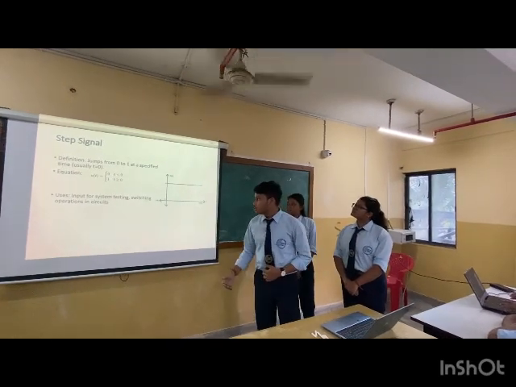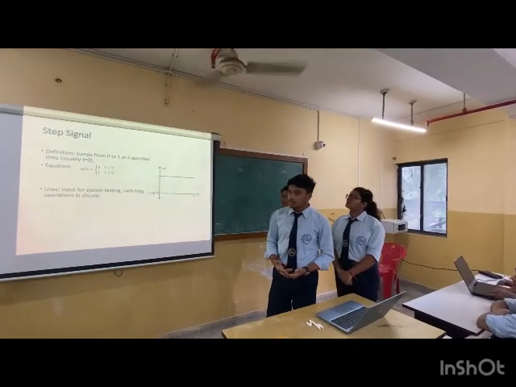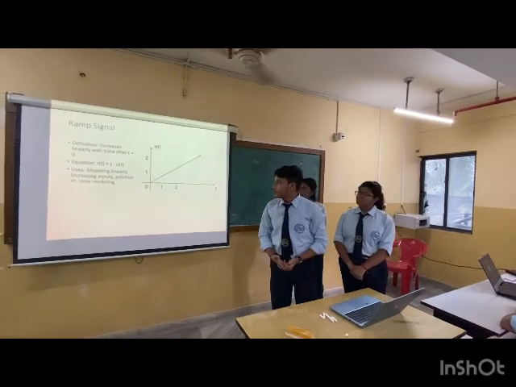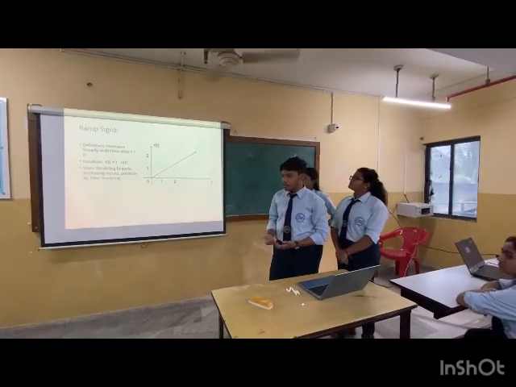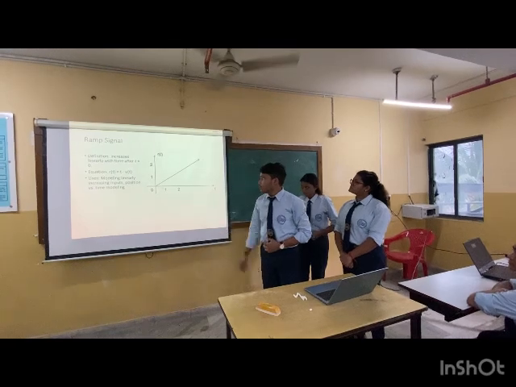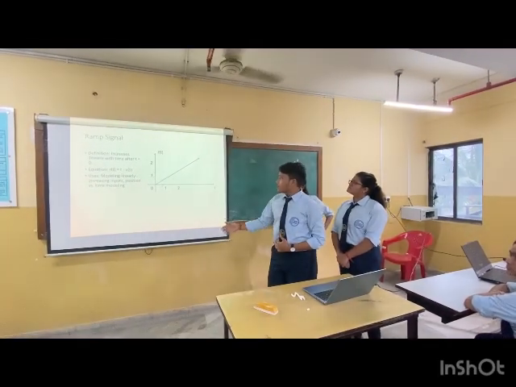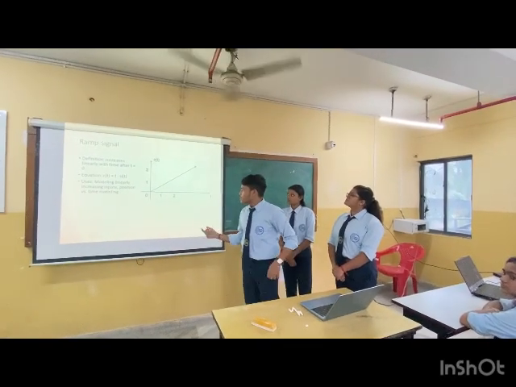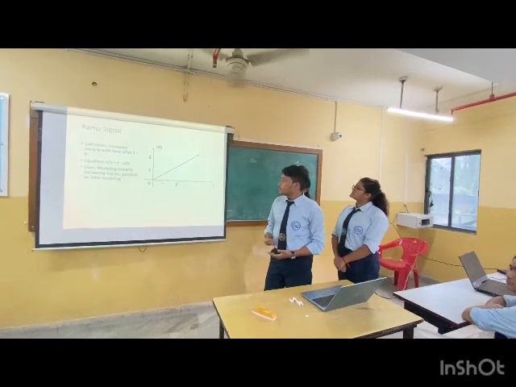It is used basically as input for system testing and switching operations in circuits. The second is the ramp signal, which increases linearly with time after t equals 0. The ramp signal's mathematical expression is r(t) equals t·u(t), where r(t) is the ramp signal and u(t) is the unit step signal.